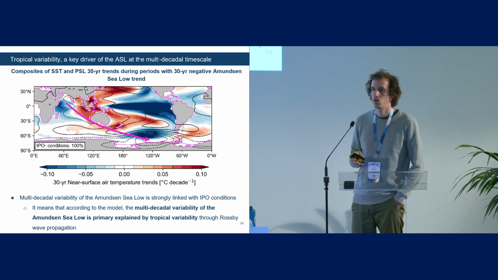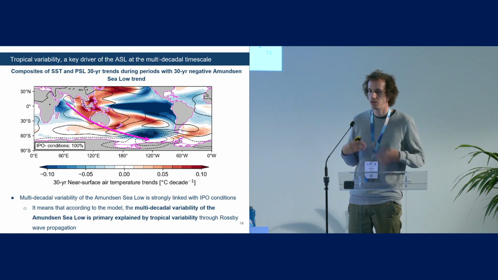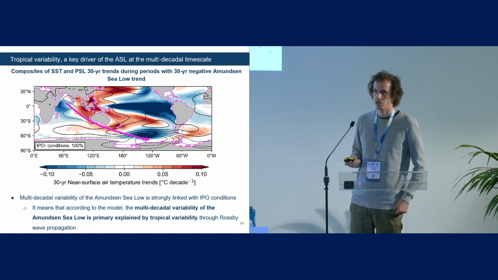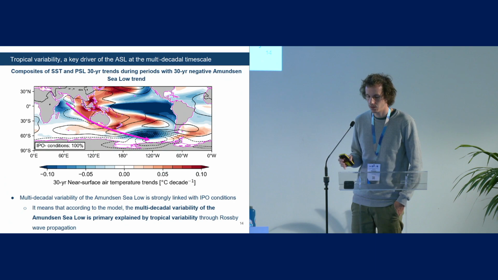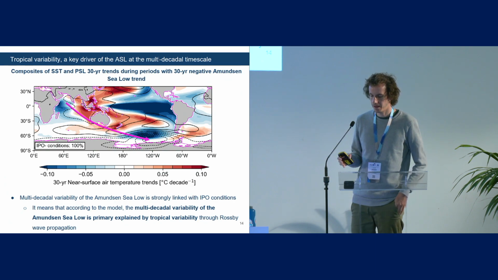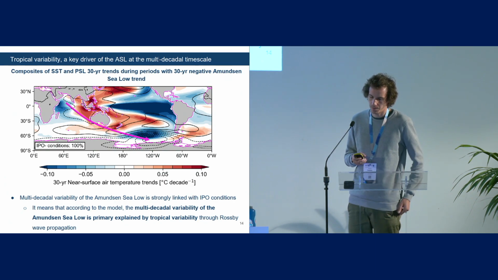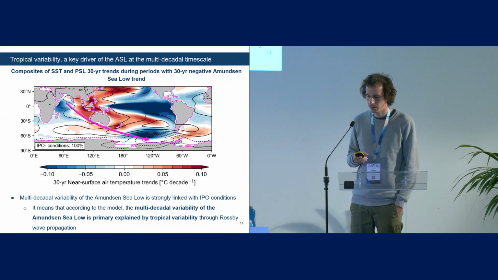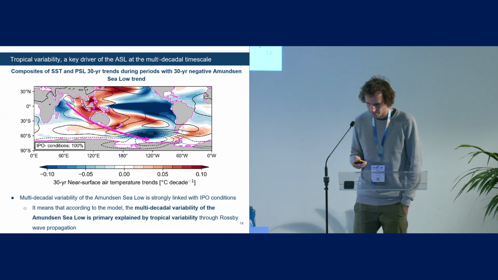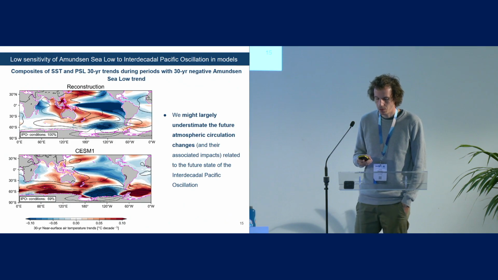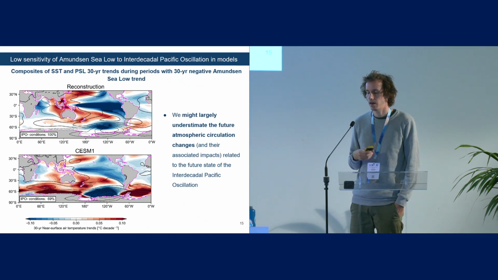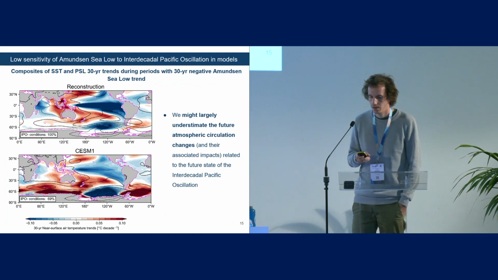So according to our results, the multi-decadal variability of the atmospheric circulation changes in that sector is fully associated with Interdecadal Pacific variability. And we wanted also to know what the models say about that.